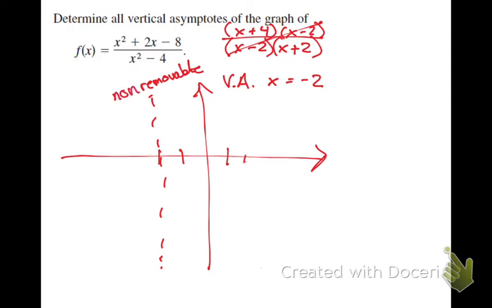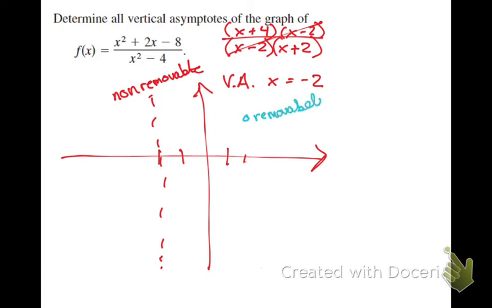Okay, non-removables are asymptotes, correct? At 2, there's a what? There's a hole somewhere, right? Yeah. I'm going to put it up here. And what kind of discontinuity is that one? A removable.